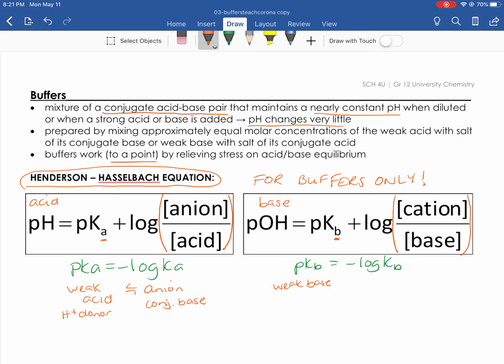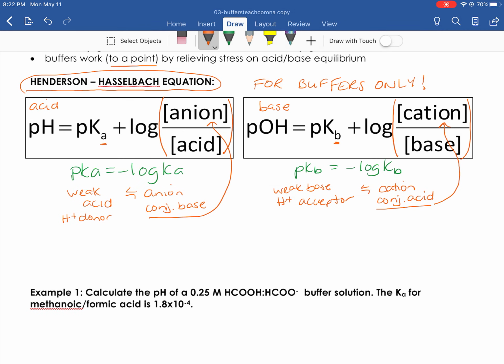And then when you have a weak base, which is a proton acceptor, then you get a cation because it's gained a positive as its conjugate acid. So that's why they're using the term here, cation and anion. You could substitute, if you like, that the anion is the conjugate base and the cation is the conjugate acid.